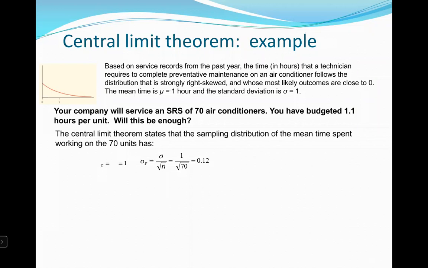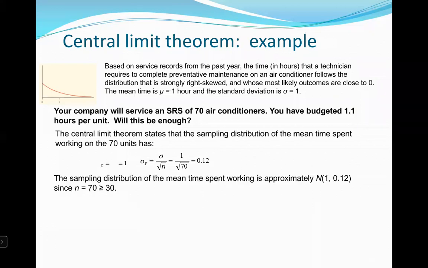So the standard deviation given was sigma, which is 1, and then we're going to divide that by the square root of the 70 air conditioners. So 1 divided by the square root of 70 yields 0.12.